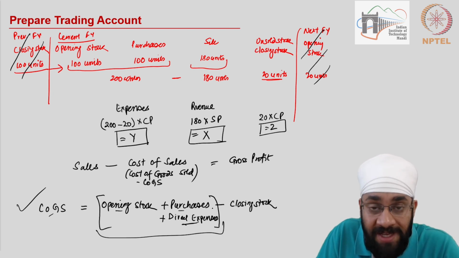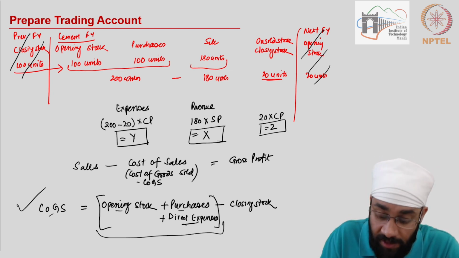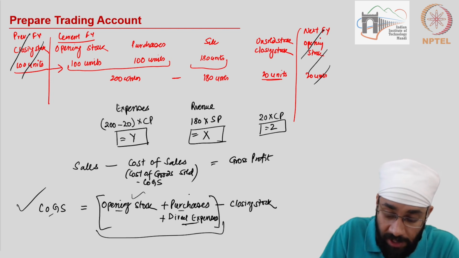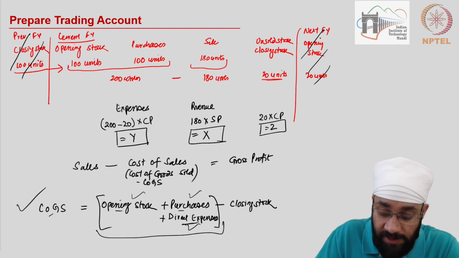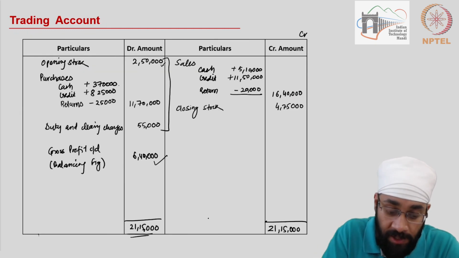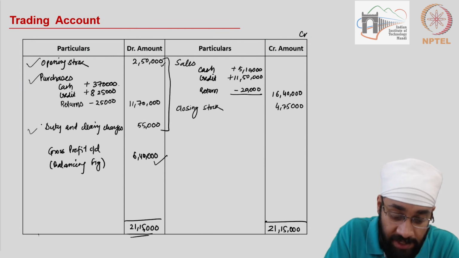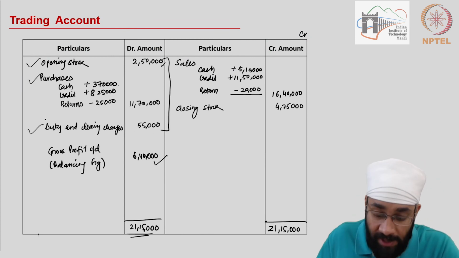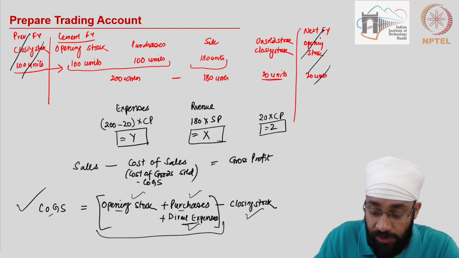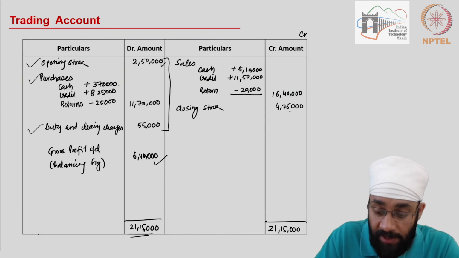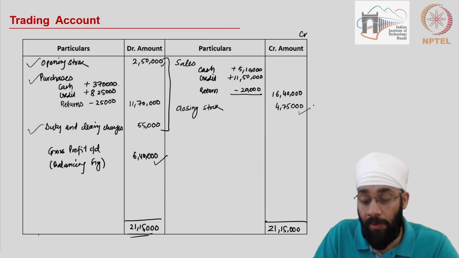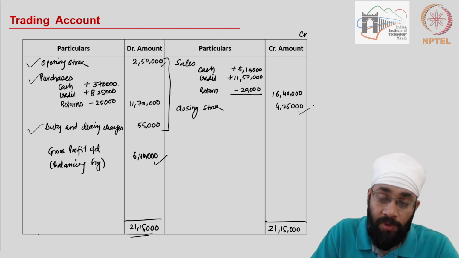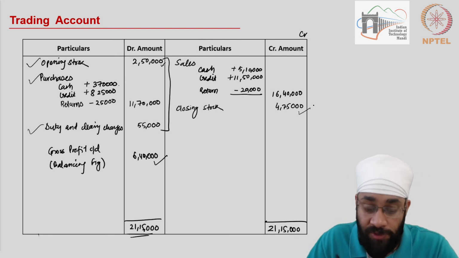And this formula is taking effect in the trading account. Opening stock, purchases, and direct expenses are being added, and then you are deducting from that the closing stock by writing it on the opposite side. When you do that, you can figure out your cost of goods sold.